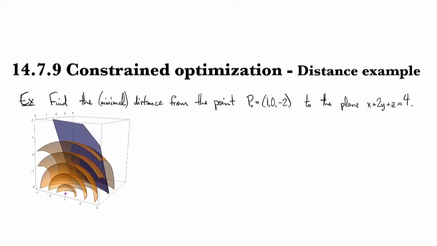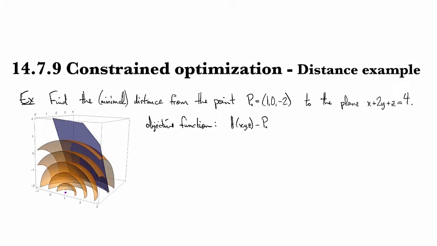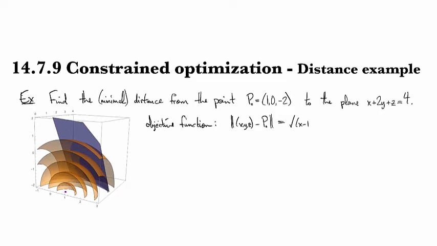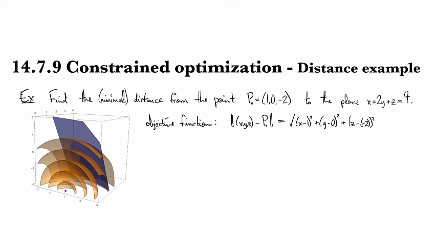So for this problem, the objective function is going to be the distance from a given point to this fixed point that we're interested in. That's the square root of the difference in the x's, the difference in the y's, and the difference in the z's, all squared and added up.